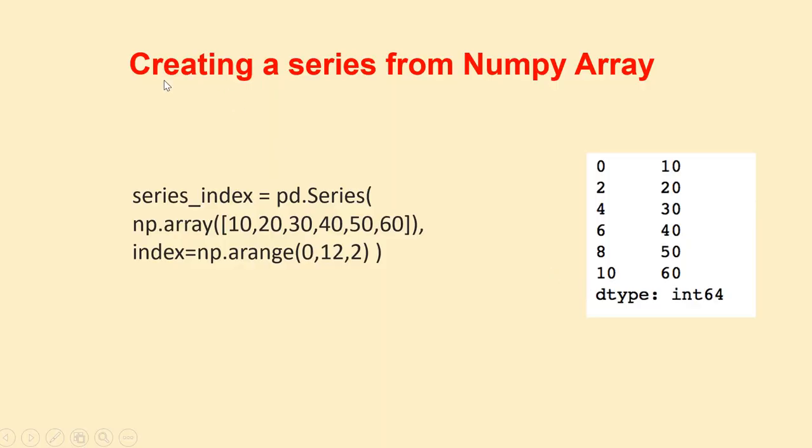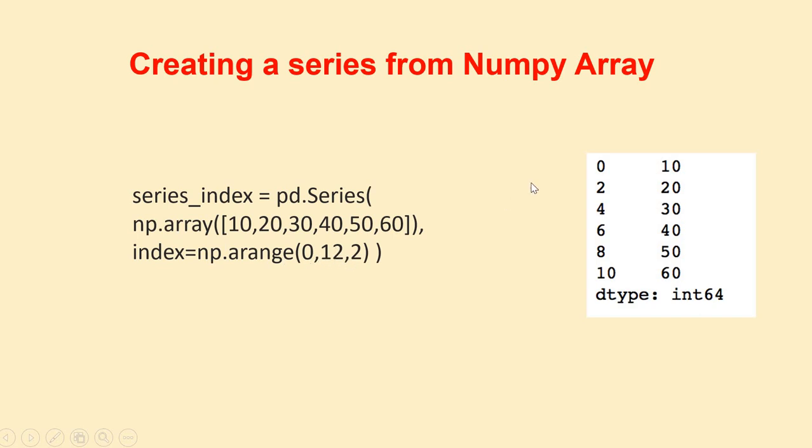Next option is creating a series from a numpy array. ser is equal to pd.Series(np.array). You have to import numpy, of course, at the top. 10, 20, 30, 40, 50, 60. Now see, np's arange function is one of the functions in numpy: 0, 12, 2.